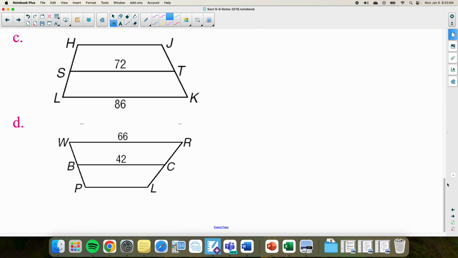Then if I look at C, again I start at the base. So I look at 86, I have to subtract to get to 72. What do I have to subtract there? 14. And then I would subtract 14 again. 72 minus 14, do you guys know what that is? 58. Okay.